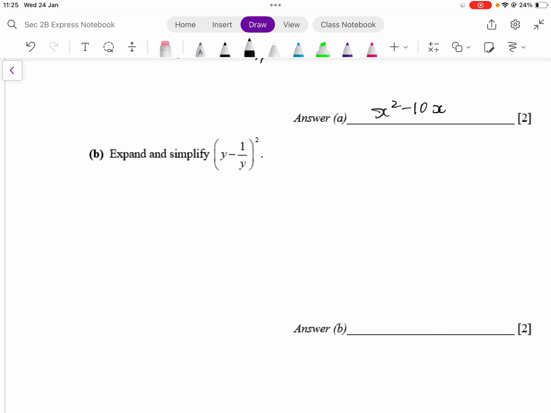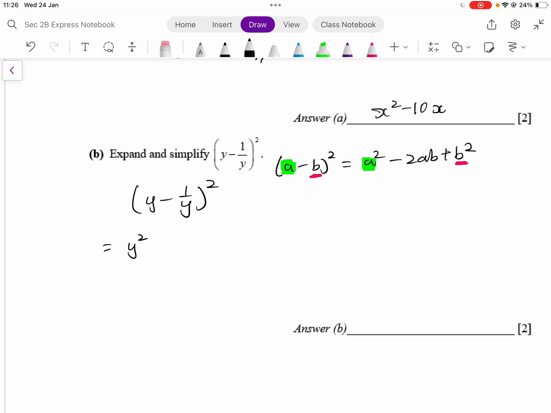Okay, expand and simplify y minus 1 over y, squared. Now, if you are familiar with your algebraic identities, you know that a minus b squared equals a squared minus 2ab plus b squared. Right, so this will be your first term, and this will be your second term. Okay, so from here, if we use these algebraic identities, we know our first term will be y squared.